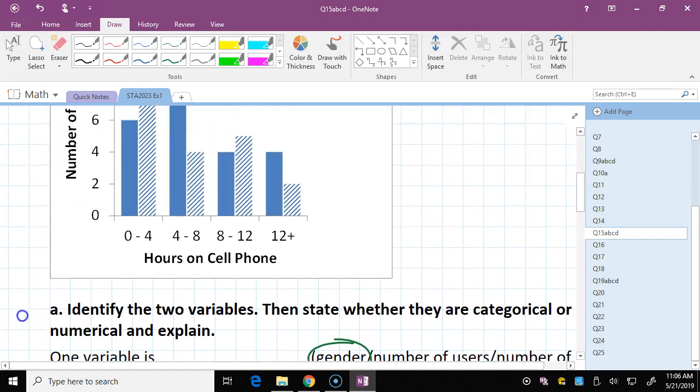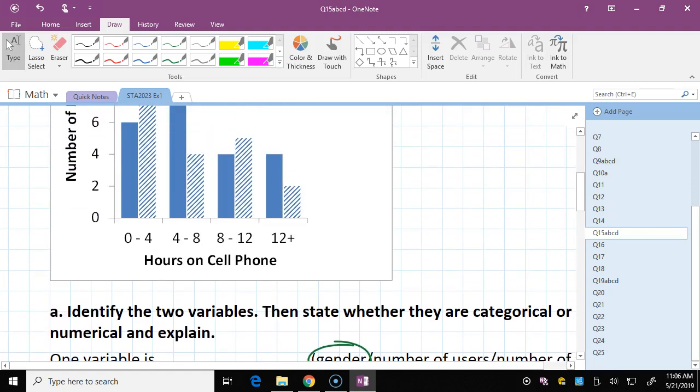Also, when you look at this, all my bars do not touch. If that was really numerical, your bars should probably touch. But you are putting yourself into different categories. Are you 0 to 4 category? Are you 4 to 8 category? Are you 8 to 12 category? Just like the number of garages. Number of garages, like we saw a moment ago, that could definitely be numerical.